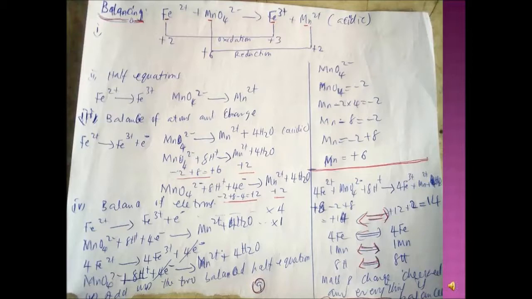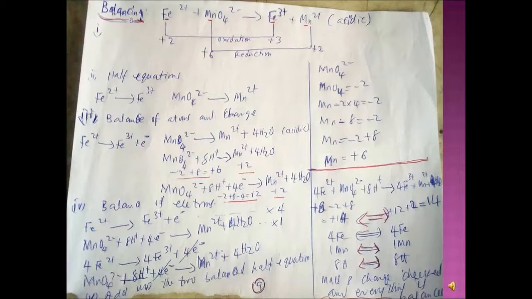How do you know this is manganese 6? You can see that it has 2 plus here, but here there is 2 minus, and we have a radical here. So you solve for Mn, and by the time you solve, you can see we have plus 6.